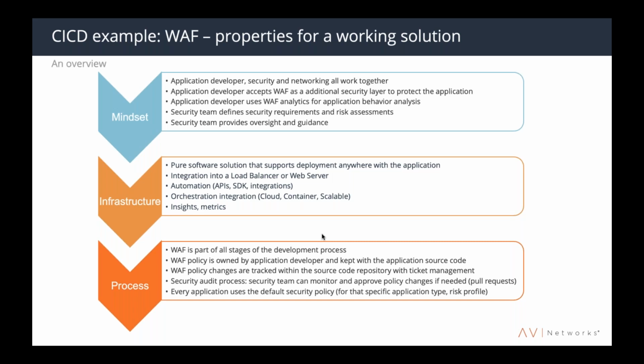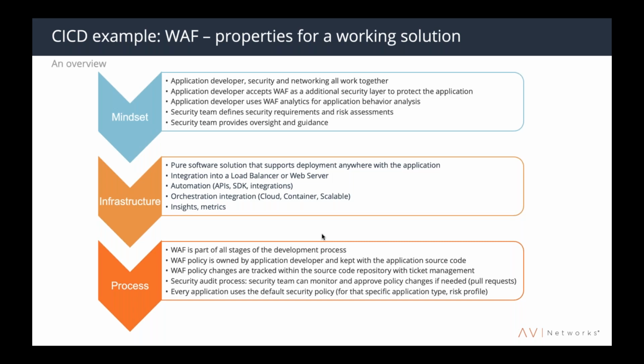Because even if you have a CI/CD pipeline, finding the right line of code in the thousands of lines that you have for the application may take longer than deploying, for example, the application firewall, having it deployed automatically.